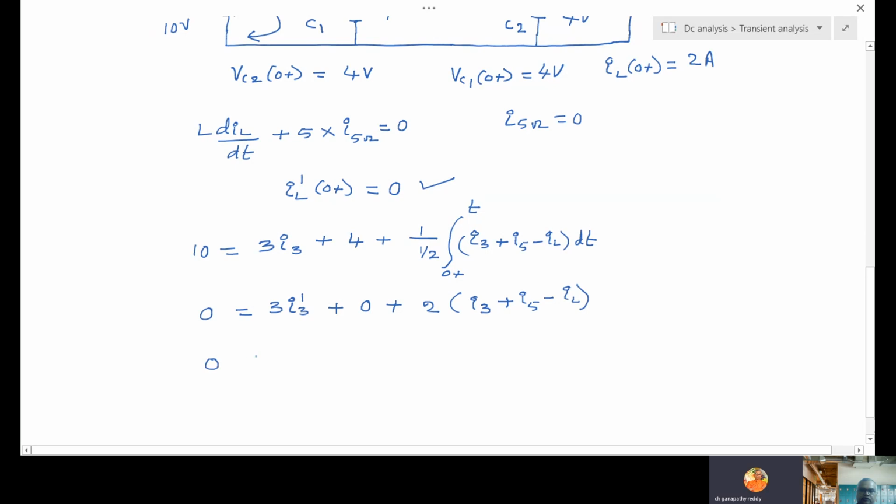So 0 equal to 3 I3 prime 0 plus 2 I3 0 plus I5 0 plus IL 0 plus.